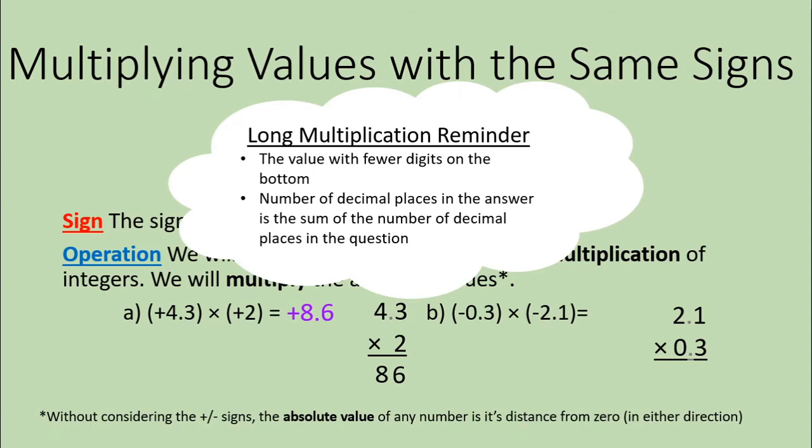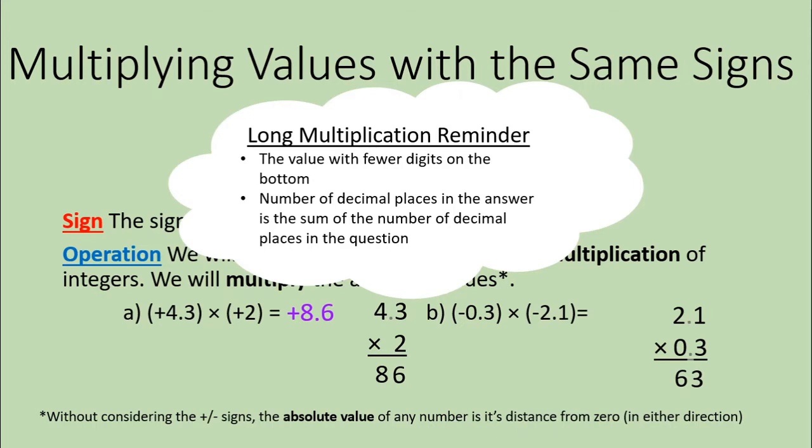And I'm going to treat this as if it's just 3 times 21, ignoring my decimal points because I'll worry about place value later. First, I'll do 3 times 1, which is 3. Then I'll do 3 times 2, which is 6. And it looks like my answer is 63. But obviously, 0.3 times 2.1 will not give me a big number like 63. Look at the number of digits after the decimal point in the question.